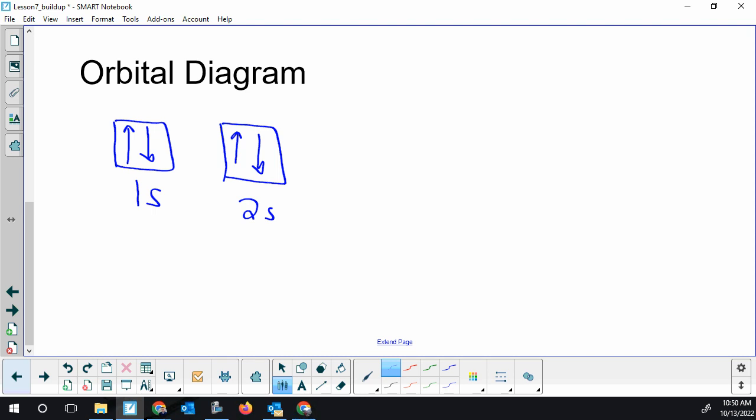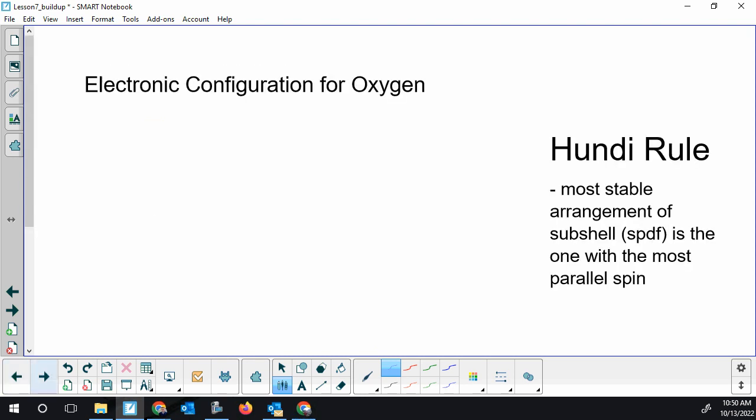So hopefully things are getting a little simpler, not more complex. You might need to practice, you might need to get more comfortable, but we're trying to use short forms and visuals for quantum numbers. So we're going to move on, oxygen now, same thing. I have nothing really new to introduce in the rest of this lesson.